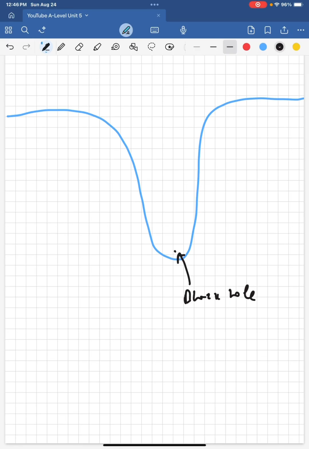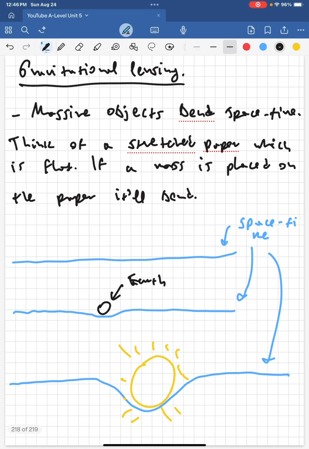Because you can imagine that light will travel in a straight line, right? On a flat space-time, but if the space-time is bent, then because light travels in space, right, the light will bend, and it will bend even more when we are dealing with the Sun.